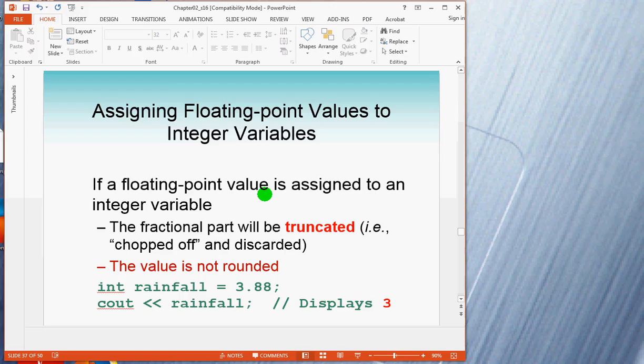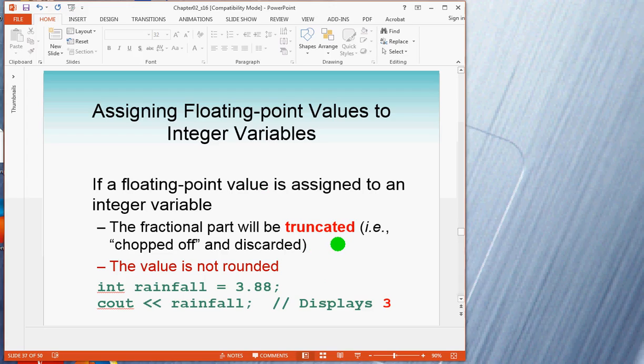Conversely, is every real number an integer? No. 4.1 is not an integer. So if I have the value 4.1 and try to store it as an integer, how much of it can I store? Well, you can only store the part that's an integer, and that's the 4. The 0.1 is not an integer, you can't store it.